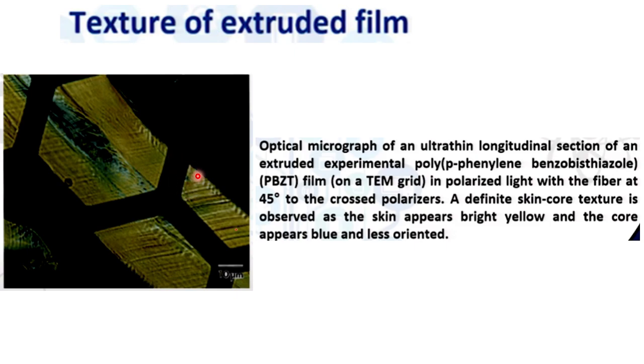This is what I have already told you, that if you have a film, if you want to check the surface, whatever wrinkles are forming, or the roughness appearing on the skin of the extruded film, you can also check that. So this image given here is an optical micrograph of an ultra thin longitudinal section of an extruded experimental polyparaphenylene benzobisthiazole PBZ film, and in polarized light with the fiber at 45-degree angle to the crossed polarizer, a definite skin core texture is observed as the skin appears bright yellow and the core appears blue.